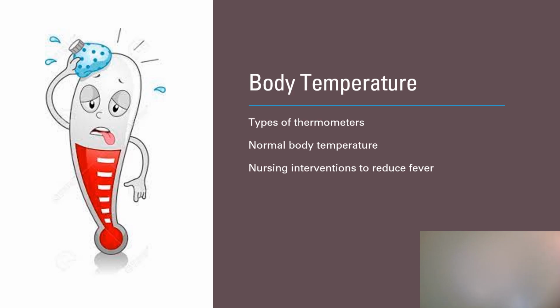We would not say the temp was 100.3. We're just going to say the temp was 99.3 rectal. Or if it was axillary, say we got a 98.5 temperature, we would not say that we had a 99.5. We would just say 98.5 axillary.